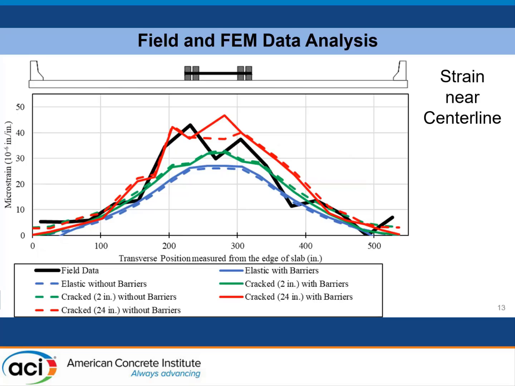One interesting thing to note is that the magnitude of the strain doesn't change significantly when the barriers are included in the model versus when the barriers are excluded from the model at the center of the bridge. However, in the previous slide, there was a pretty significant difference in the magnitude of strain in models with and without the barriers, especially near where the barrier is. So that's the strain data that we collected.